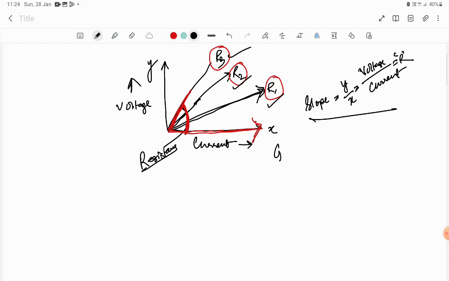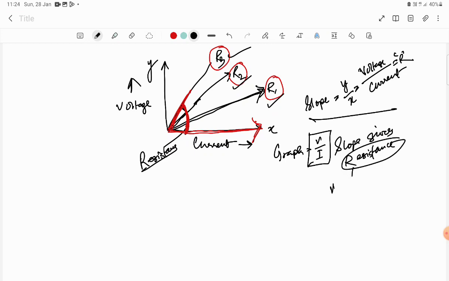If the graph is a VI graph, then the slope gives resistance. And the resistance is maximum in the graph whose inclination is maximum, where theta is maximum.